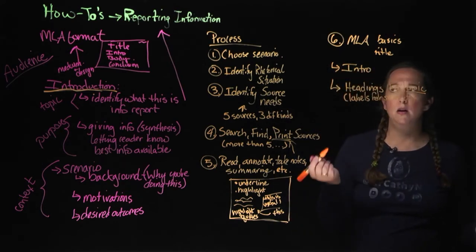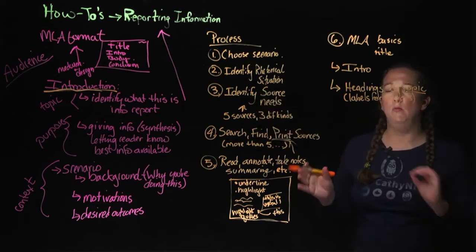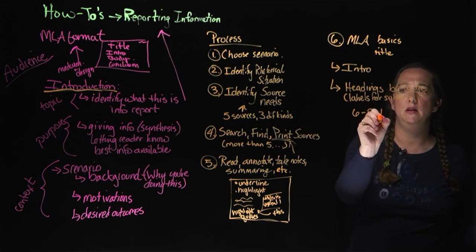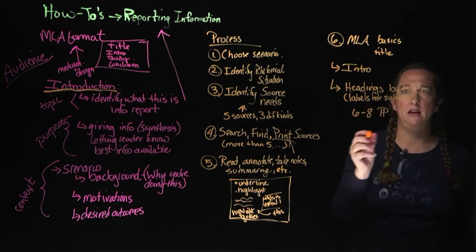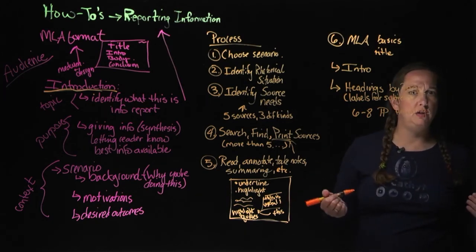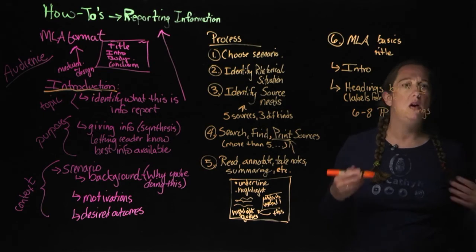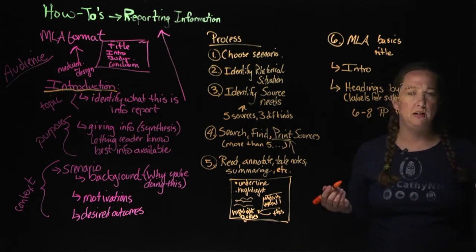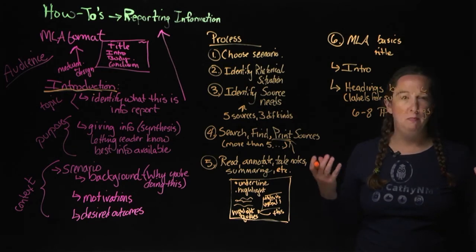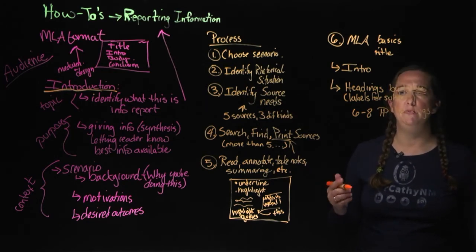So chances are, based on the sizing, we're probably going to have roughly 6 to 8 paragraph headings. And in knowing what we're going to talk about in each of these headings, we can actually design our topic sentence or our main idea sentence for each of these paragraphs.